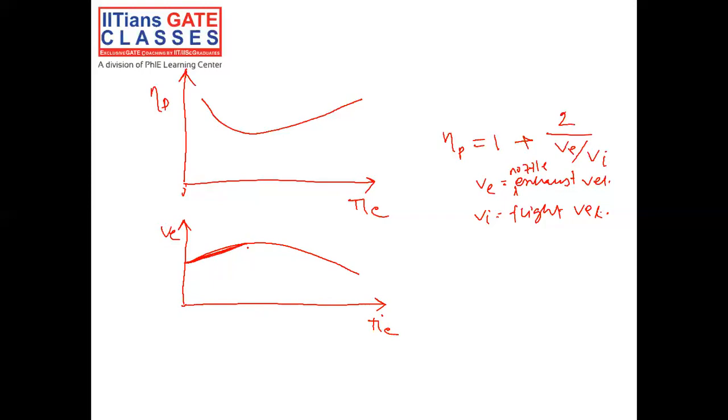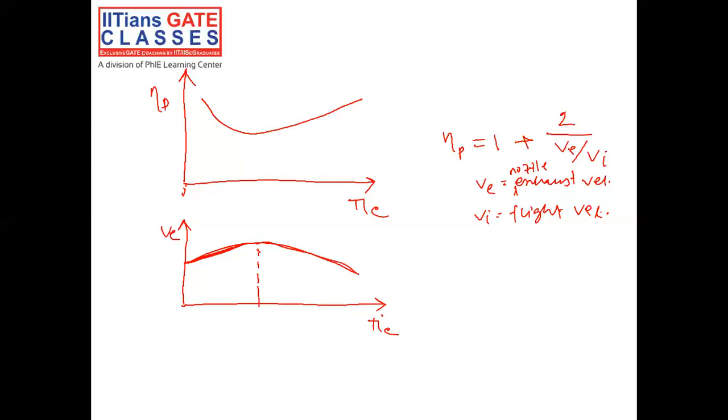But this does not go on happening as we keep increasing the compressor pressure ratio, because the compressor operates against an adverse pressure gradient. If we increase the compressor pressure ratio beyond a limit, flow separation takes place on the compressor blade, and that's a catastrophic condition. The engine performance deteriorates, the thrust reduces, and exhaust velocity reduces.